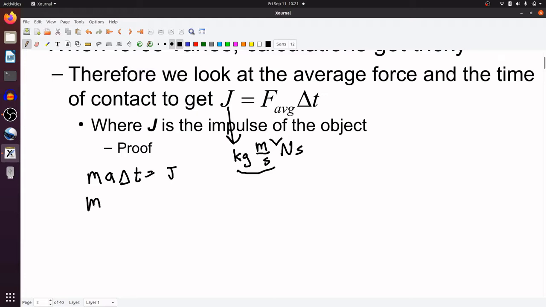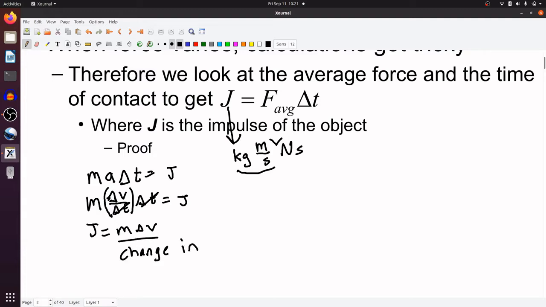Acceleration is nothing more than the change in velocity over the change in time. Change in time is still there, and I'll put this in parentheses to say I made a substitution, and that's still equal to impulse J. And then notice your delta T cancels out. So impulse is also equal to m delta v. This is what's known as your change in momentum.